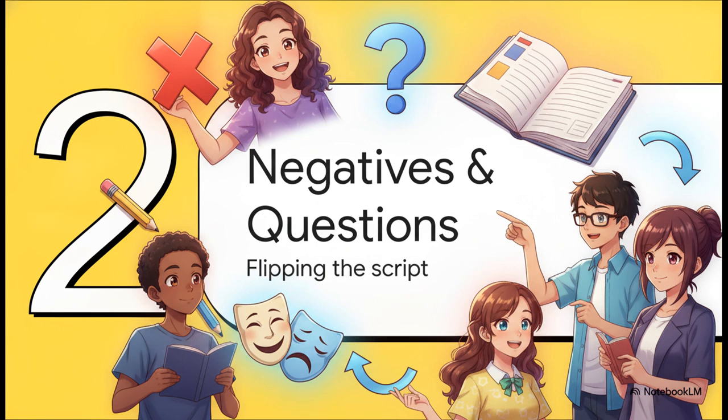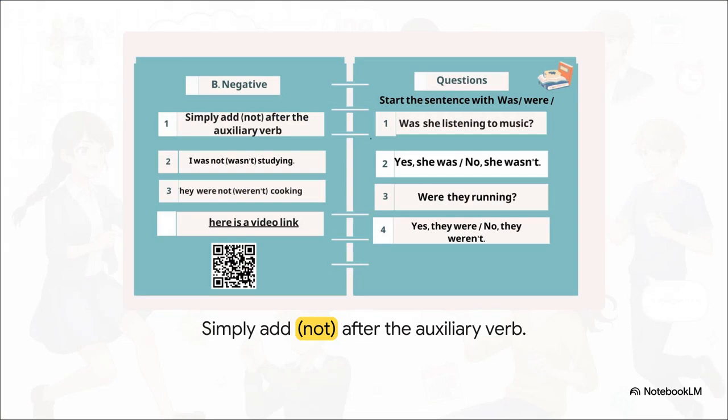Flipping the script, negatives and questions. Now that we know how to make a positive statement, let's figure out how to modify our core formula to say no or ask someone else a question. As shown directly in the source material, creating a negative is incredibly straightforward. Remember our math formula from a minute ago? You don't have to change the structure at all. You literally just drop the word not right after your auxiliary verb, was or were.